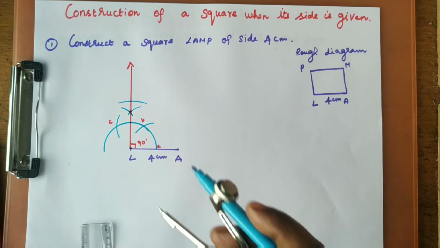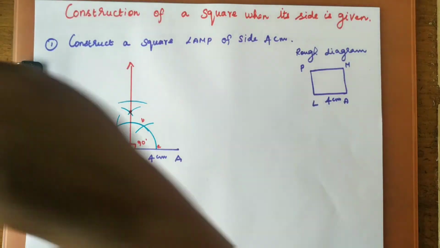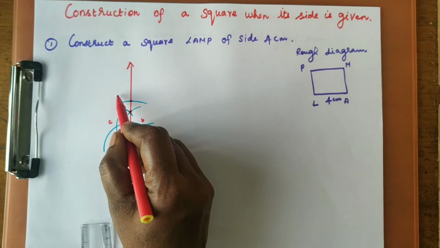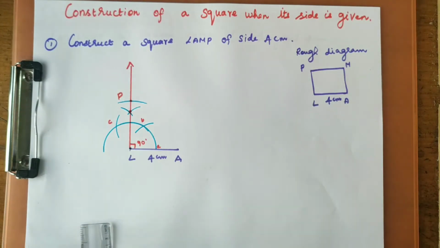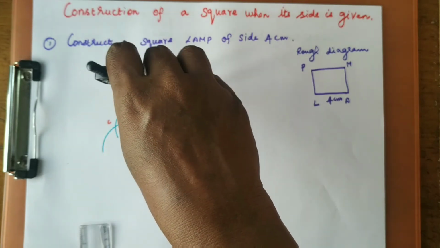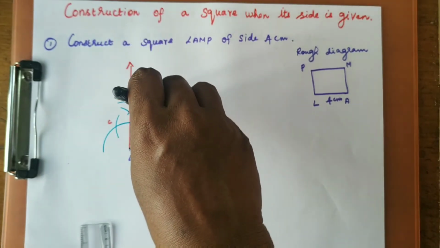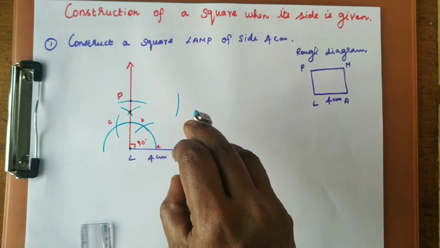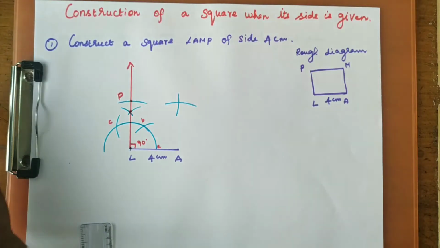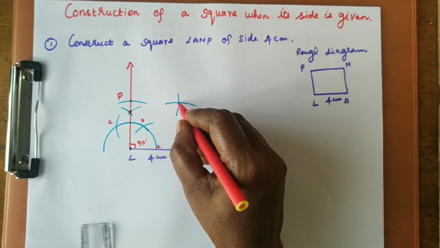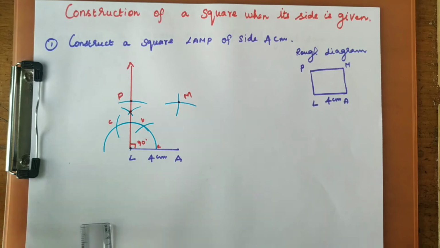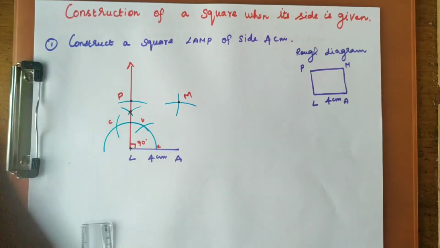You got this point, this point is P. From this point again mark one more arc like this, and from point A also one arc. Both will meet at one point. That point is M. Now we have to join all the points.